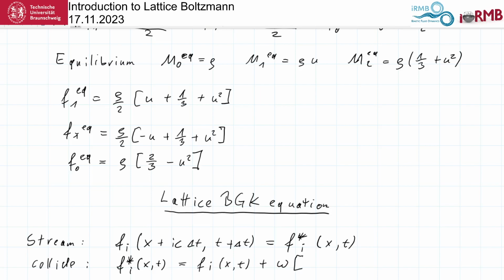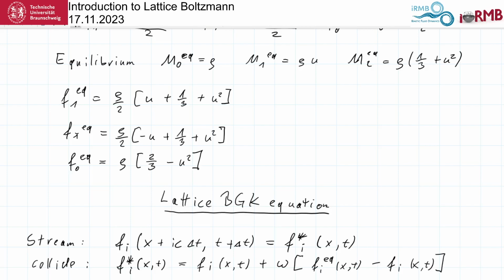So we identified this, in comparison to the original BGK equation where we had 1 over tau, which was a time. So then the inverse is a frequency, right? And this we call omega, times Fi equilibrium at x and t minus Fi at x and t. It will become clear why I prefer to use a different letter here in a minute.